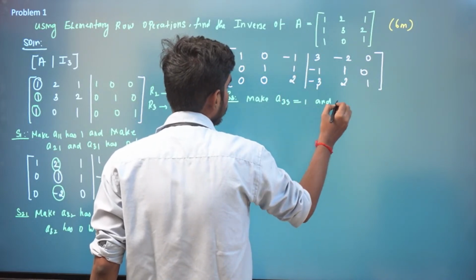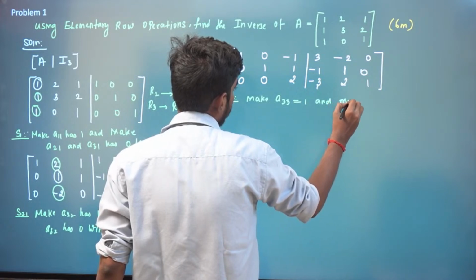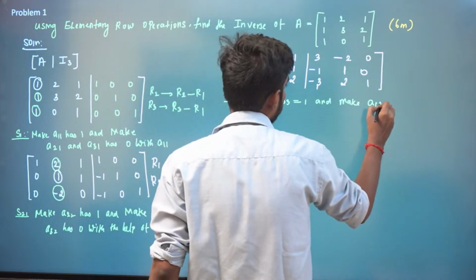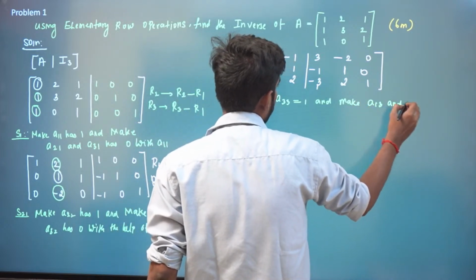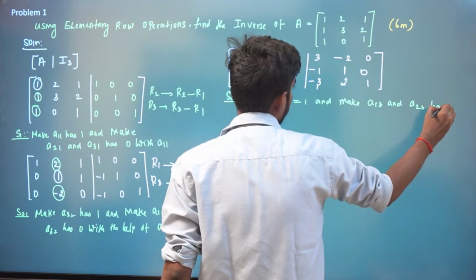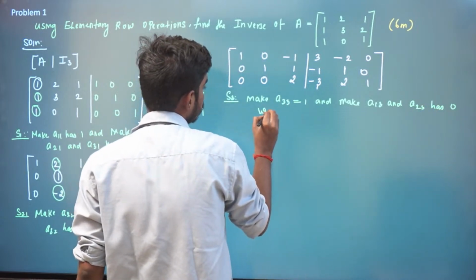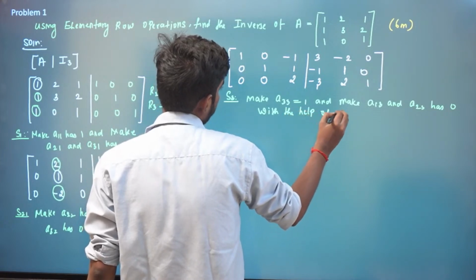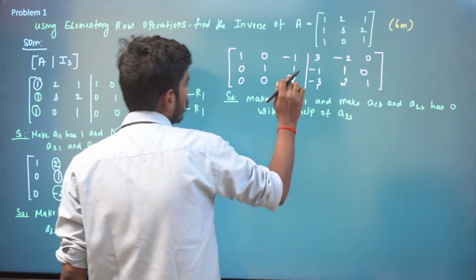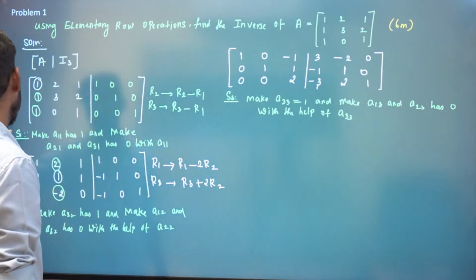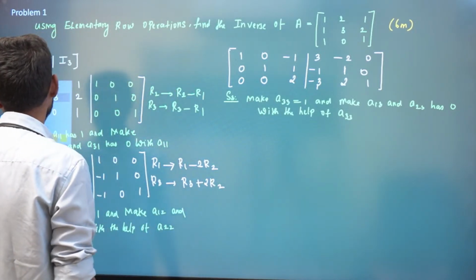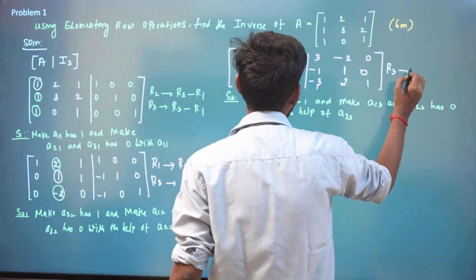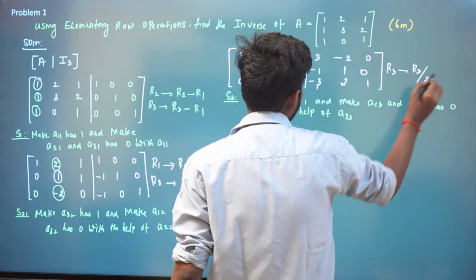So make A33 equal to 1 and make A13 and A23 as 0 with the help of A33. So we need to make this element as 1 first. So for that I will do R3 is transformed to R3 divided by 2, so that this will be 1.